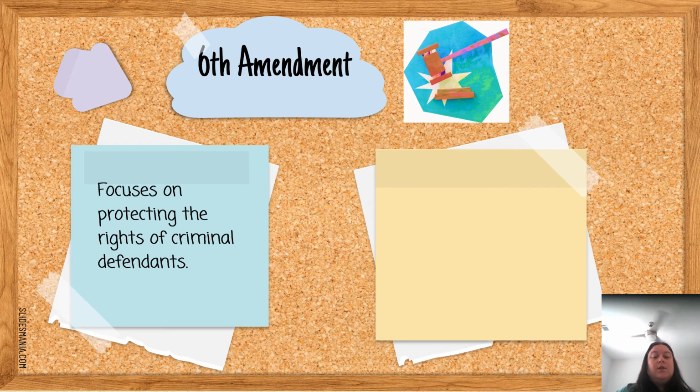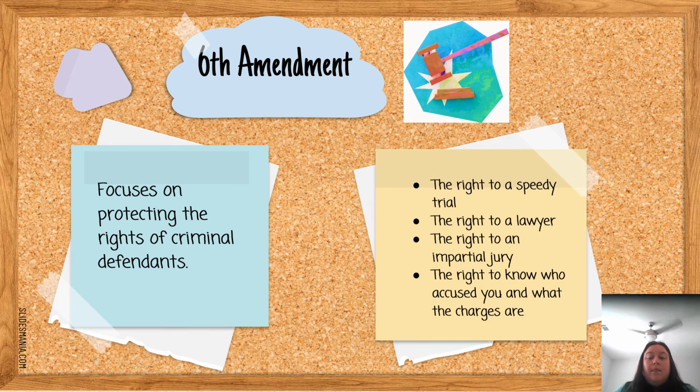So we'd move on to the Sixth Amendment, which focuses on protecting the rights of a criminal defendant, right? You might need to explain to your students that a defendant is the person who is being charged for the crime or who is being put on trial. Everybody that's put on trial has the right to a speedy trial. They can't keep them in jail for years and years while they're trying to get the trial in front of a judge. They have a right to a lawyer.